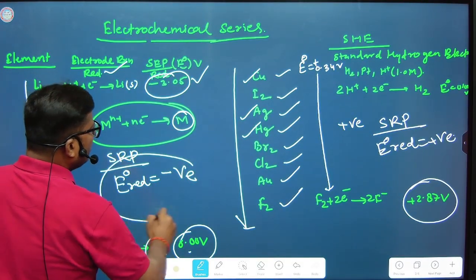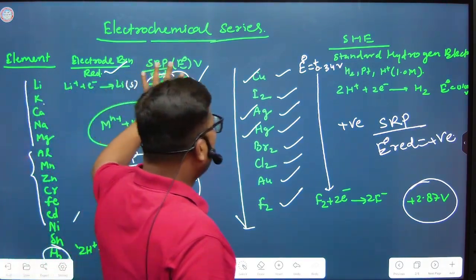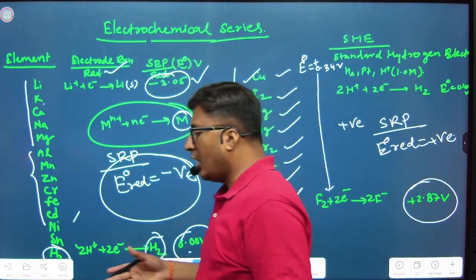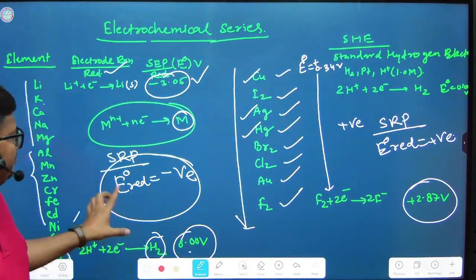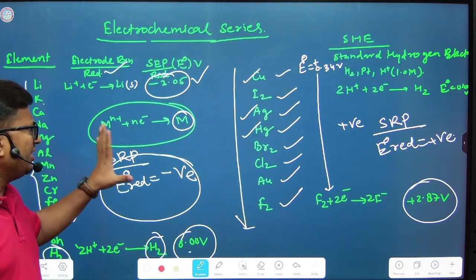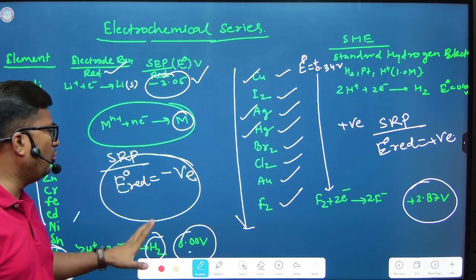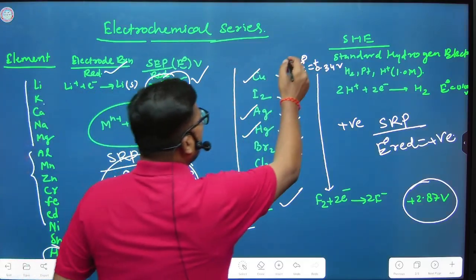right? So with the negative quantity and the positive quantity, it means the standard reduction potential ranges from minus through 0 to positive values.